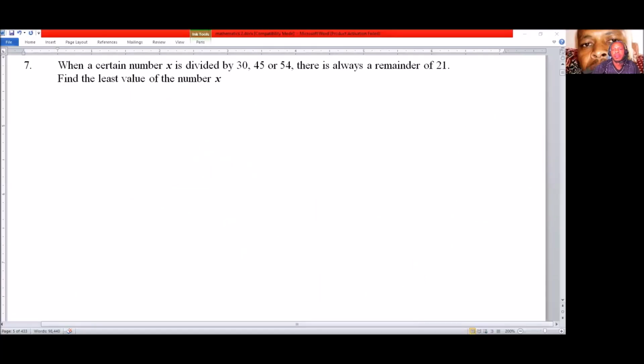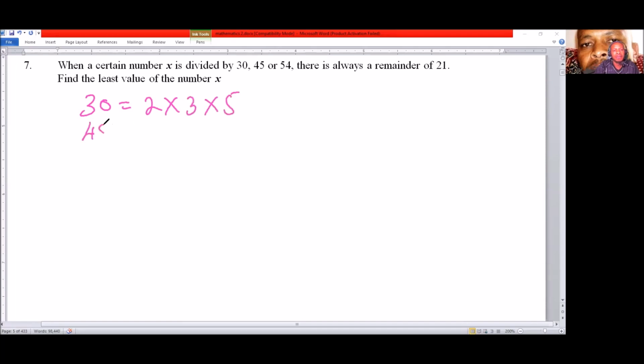In this question, we have been told that when a certain number x is divided by 30, 45, or 54, there is always a remainder of 21. Find the least value of x. So we need to find the LCM. 30 is equal to 2 by 15, 3 multiplied by 5.